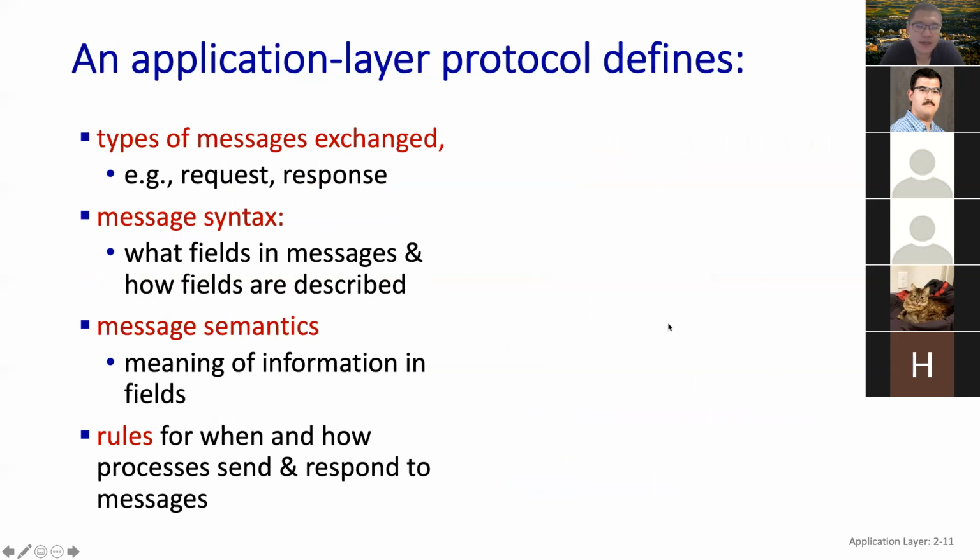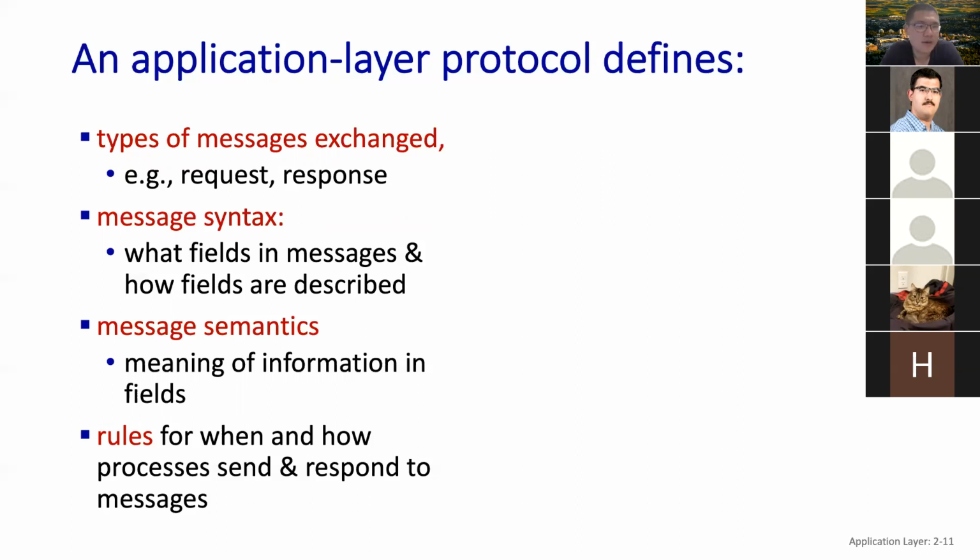So application layer protocols define several things. The question is what you should include in an application layer protocol. It will define the types of messages exchanged: request or response. The client will send the request, and the server will send the response.